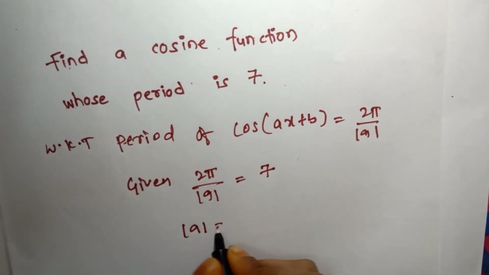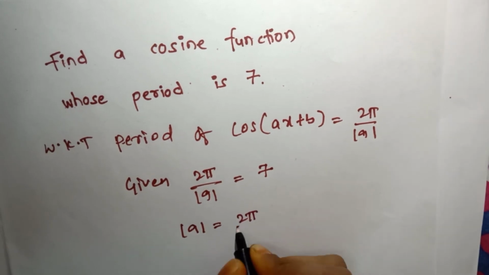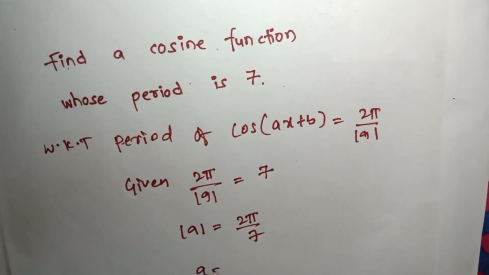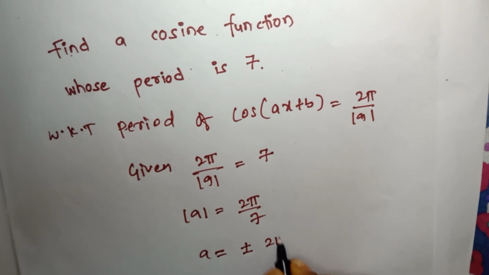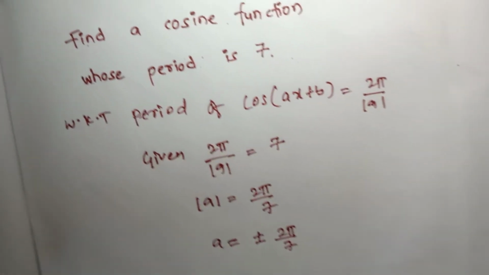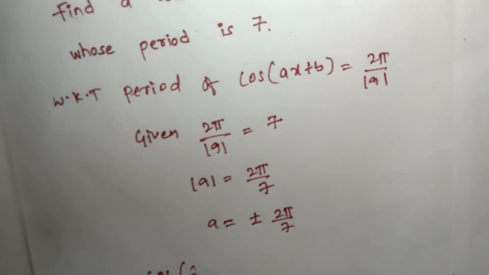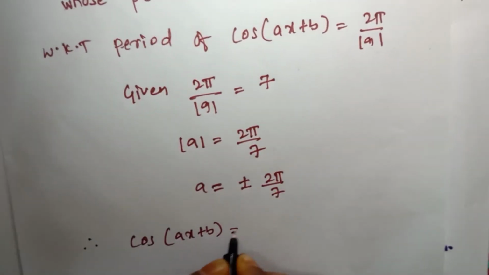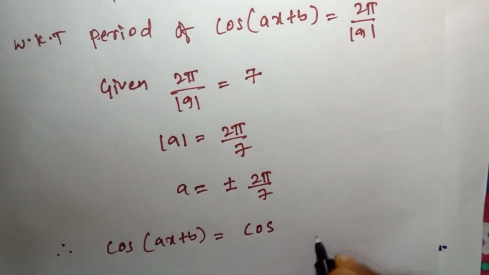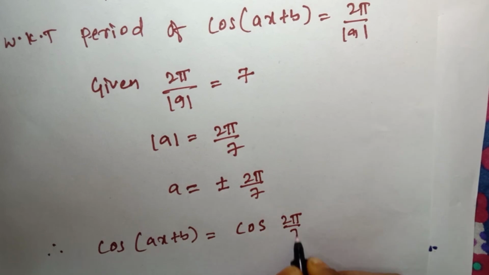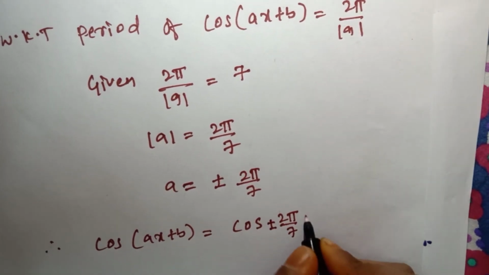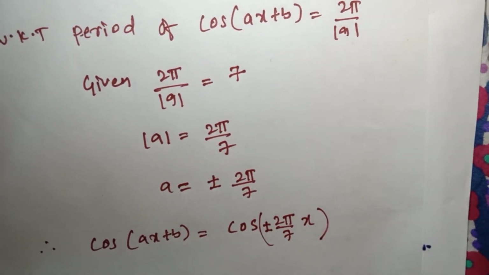So |a| is equal to 2π/7. a is equal to plus or minus 2π/7. Therefore cos(ax+b) is equal to cos of (plus or minus 2π/7)x plus b. Here the b value is a constant.